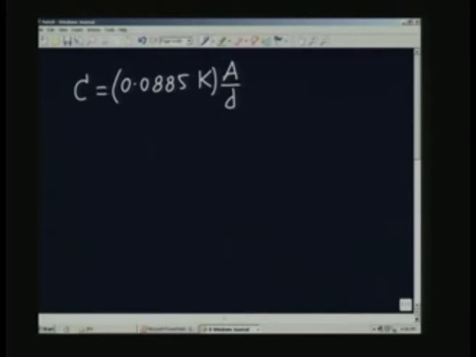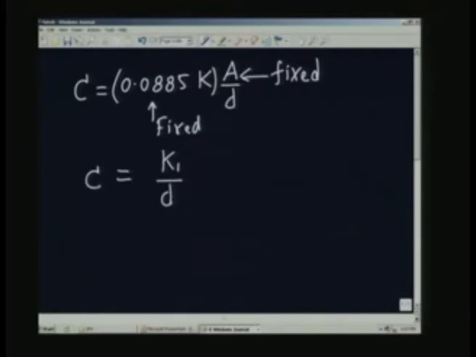Once the area is chosen, because in the case of the pressure gauge, area is fixed, this is fixed. So, we will in other words say that C is equal to some K1 divided by D, because all of these are constant.